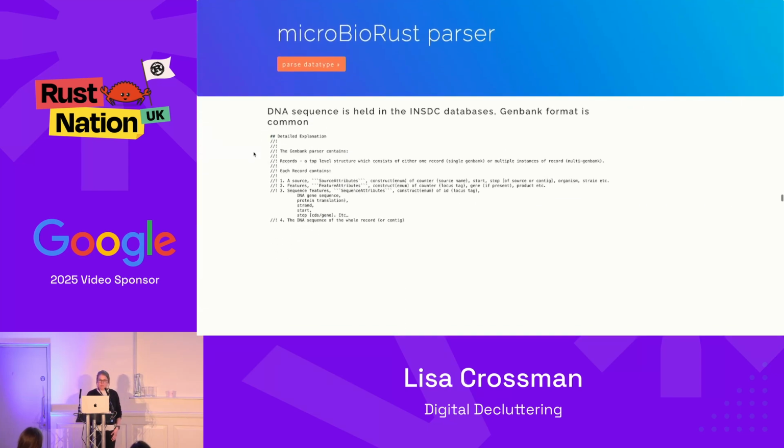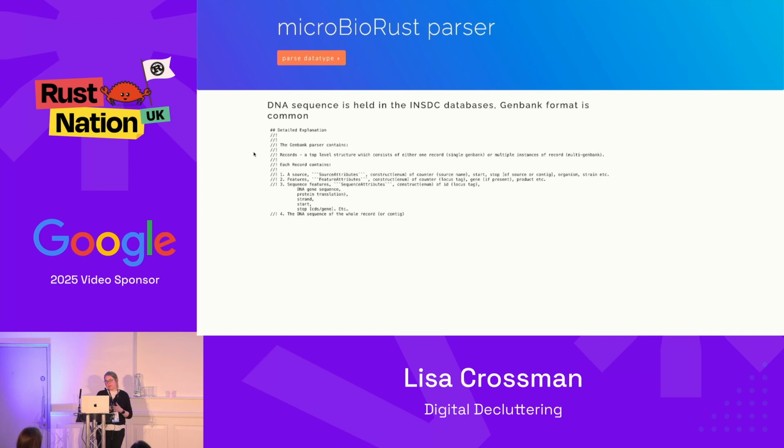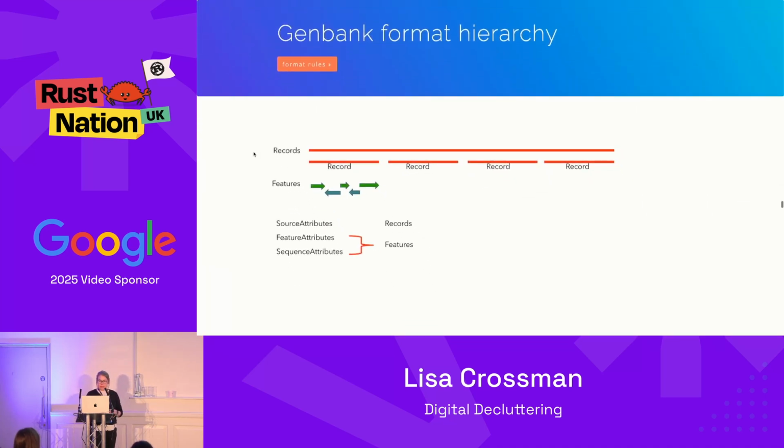I started off by writing a parser that isn't in Rust Bio for a particular format that is common. This is the Genbank format, which is the way people store DNA sequence in the US sequence databases. So the Genbank format looks like this.